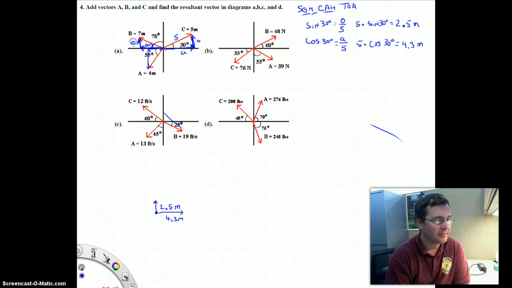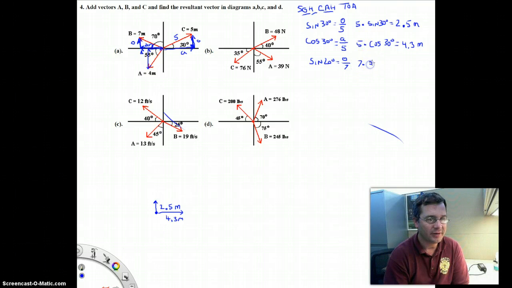Again, we have a side opposite, we have a side adjacent, and the process is the same. Sine 20 degrees equals the side opposite over the length of the hypotenuse, which is given as 7. So we'll multiply both sides by 7. 7 times the sine of 20 degrees.